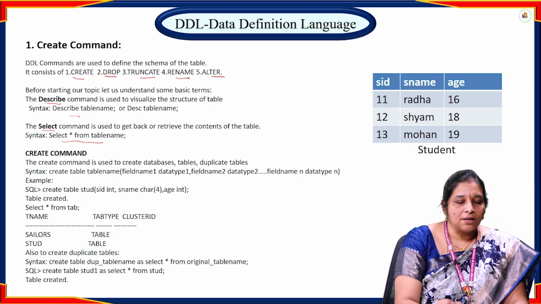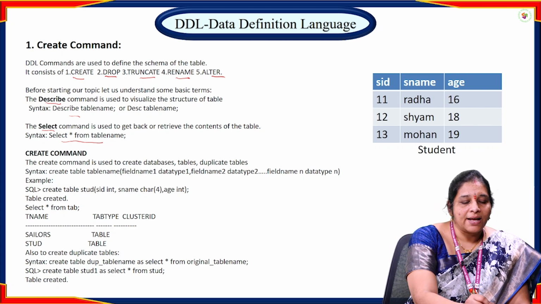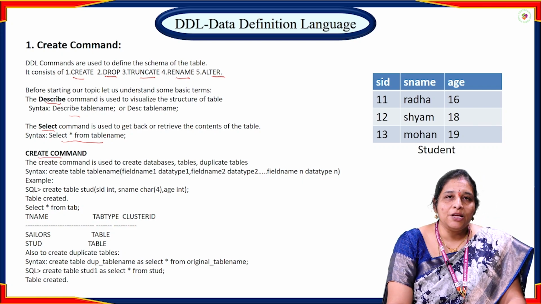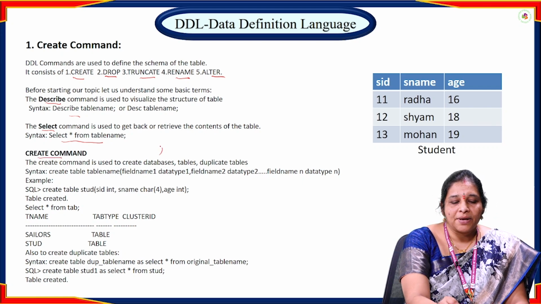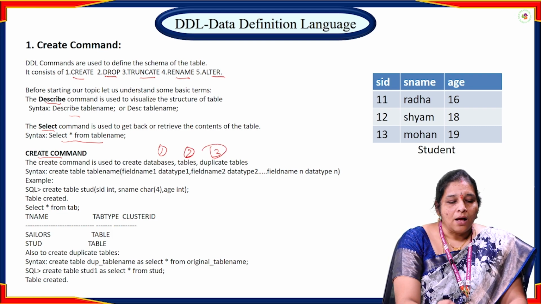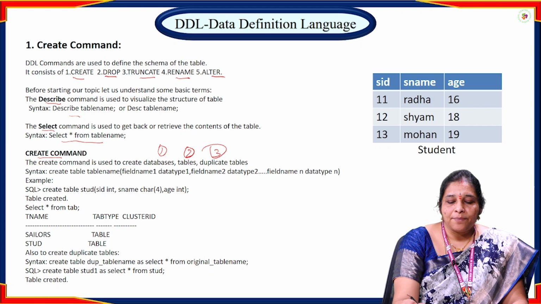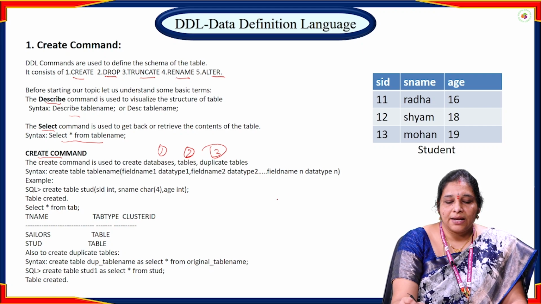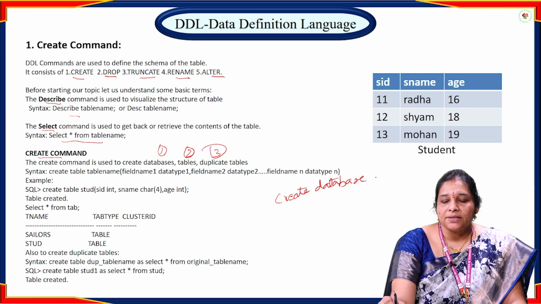Now, let us start. The first command is called the create command. The create command is majorly used to create databases, tables, as well as duplicate tables. A database can be created by using create database followed by the database name.